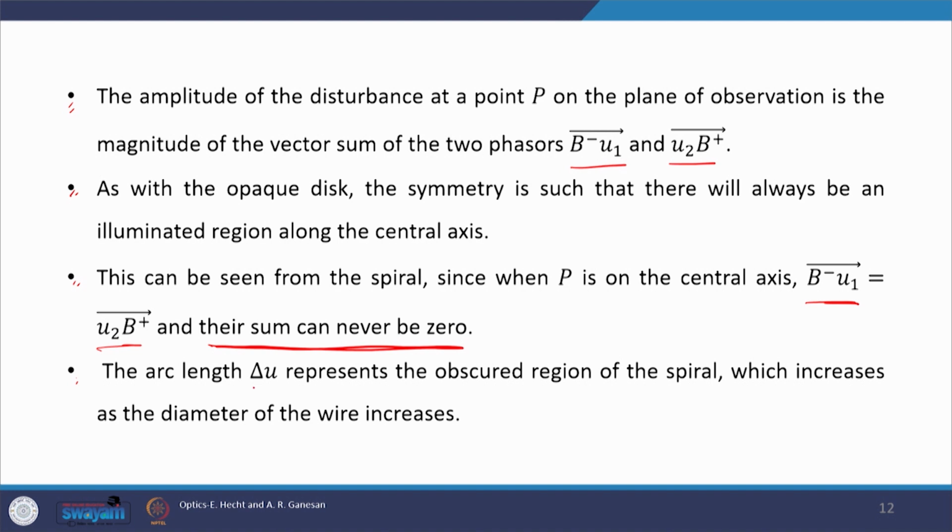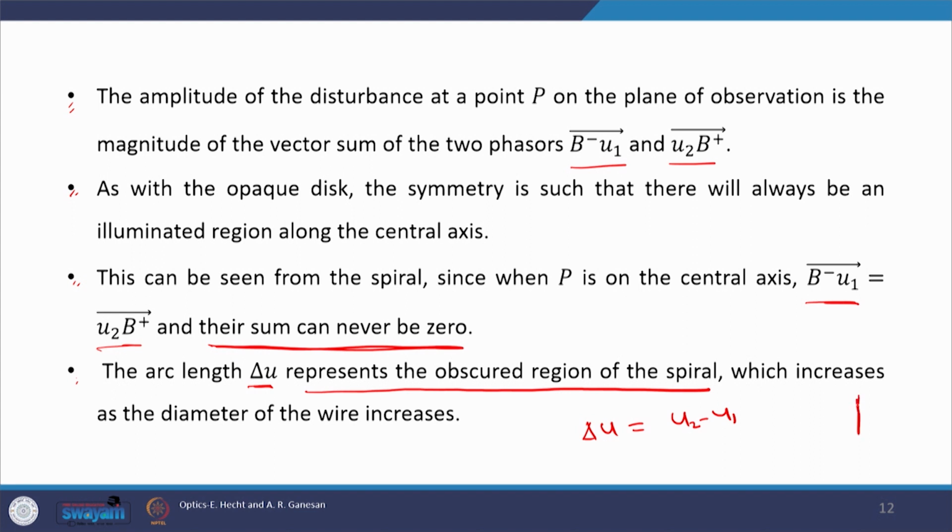The arc length delta u represents the obscured region of the spiral. And what is delta u? Delta u is nothing but u2 minus u1. It represents the obscured region of the spiral, which increases as the diameter of the wire increases, which is very much obvious.